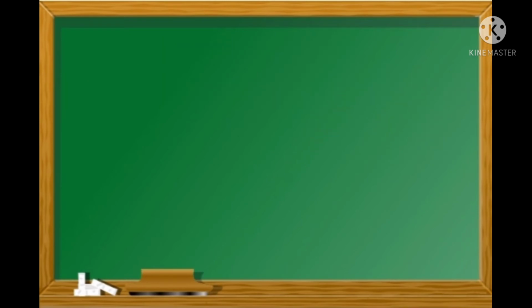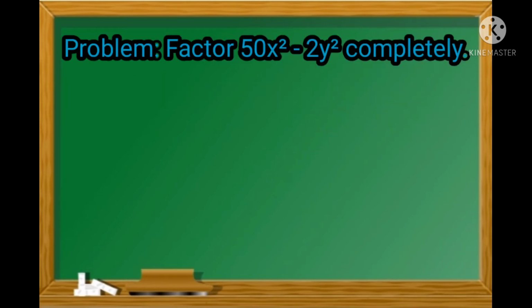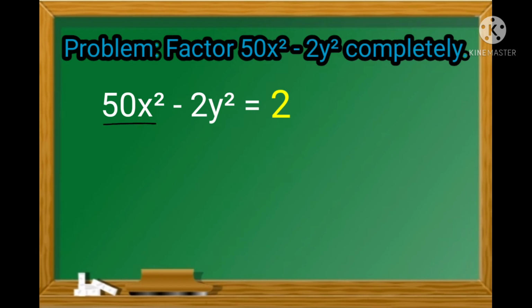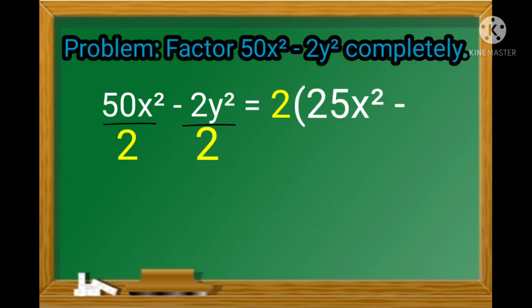Last example, factor 50x squared minus 2y squared completely. Now in this example, our GCF is 2. Then to look for the second factor, we will divide each term by the GCF. That is 50x squared divided by 2. The answer is 25x squared. Minus 2y squared divided by 2, the quotient is y squared.